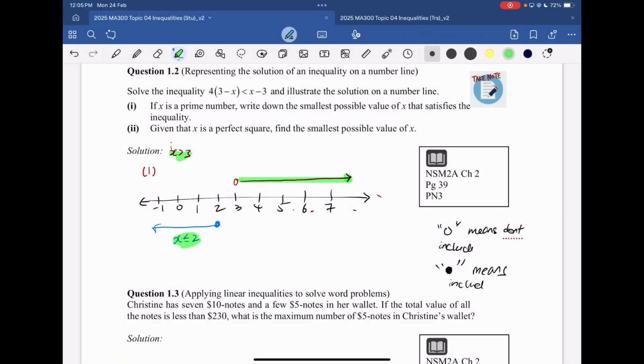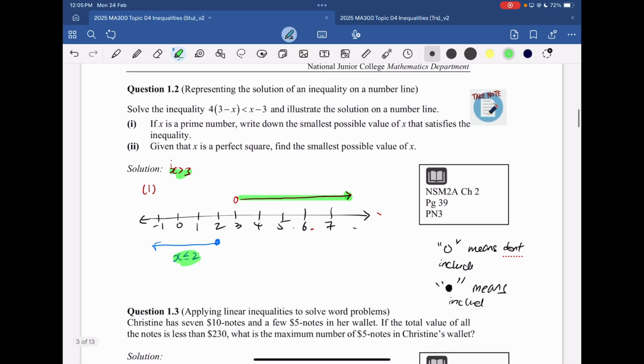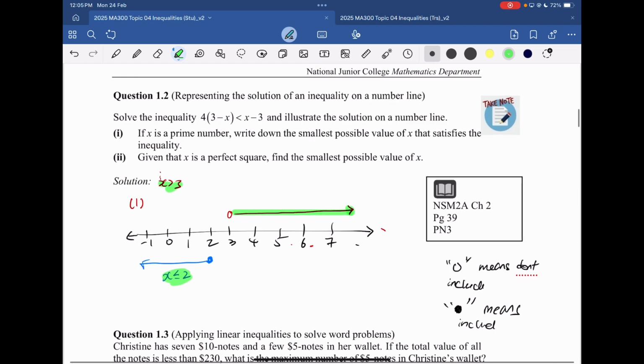JH304 24 Feb. So if you are going to draw a number line for 1.2, remember, for number line, try your best to have the line going to both sides, left and right. Number line, I think since primary school you all been taught before, right? So just that you go to the negative side. Now x more than 3. I believe part 1 you all got x more than 3. How do you draw x more than 3? Open circle means you don't include.